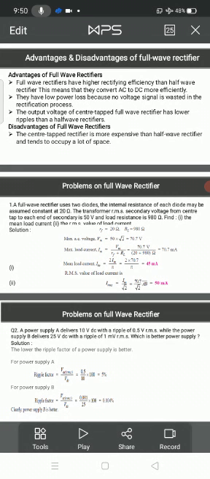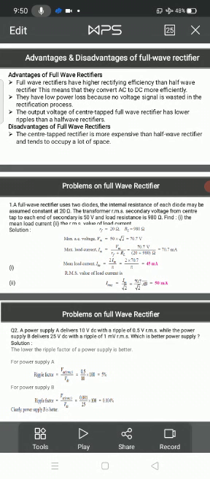The full wave rectifier efficiency is 81.2%, but the half wave rectifier efficiency is only 40.6%. Higher efficiency means they convert AC to DC more efficiently. This is the first point.